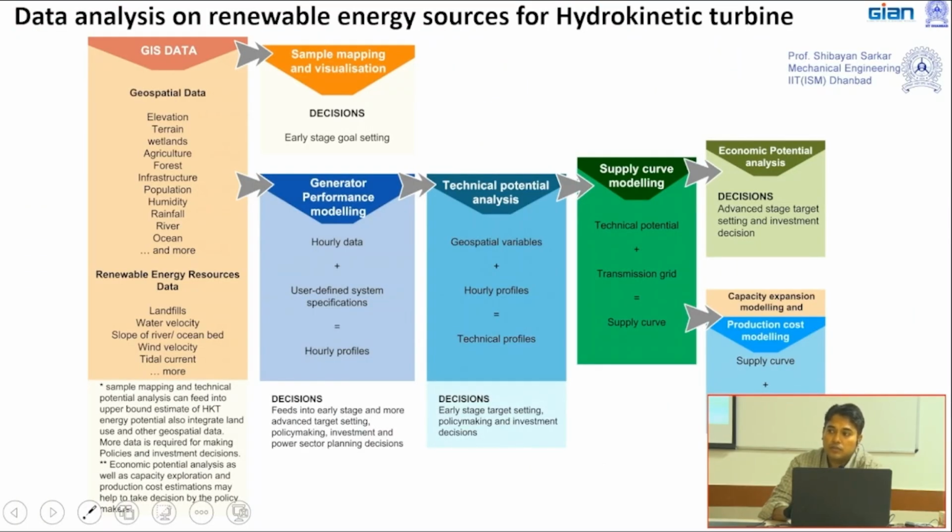To handle this type of energy generation system, which type of data is actually required? We have seen the layout of the powerhouses. If we are trying to estimate how much water is available, so that I can design my turbine accordingly, there are different techniques.